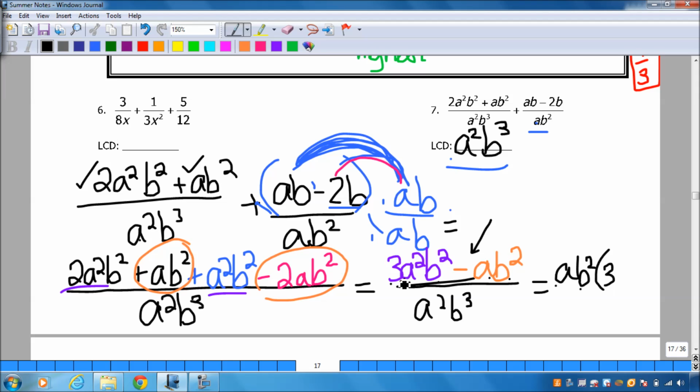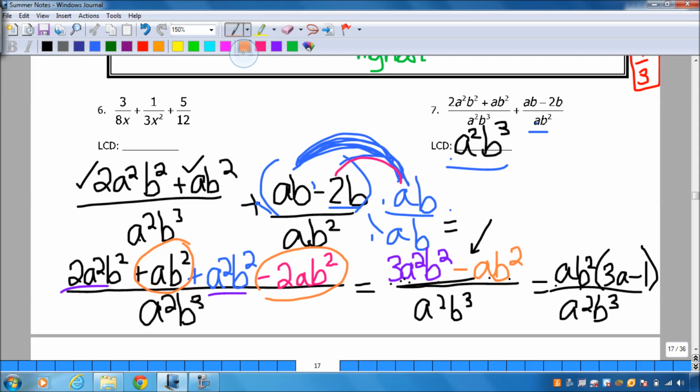And then a squared divided by a becomes a. The b squared divided by b squared cancels each other out, okay? Minus ab squared divided by itself, anything divided by itself is always 1, all over a squared b cubed, okay? And then the last thing that you need to do is cancel stuff out, all right?